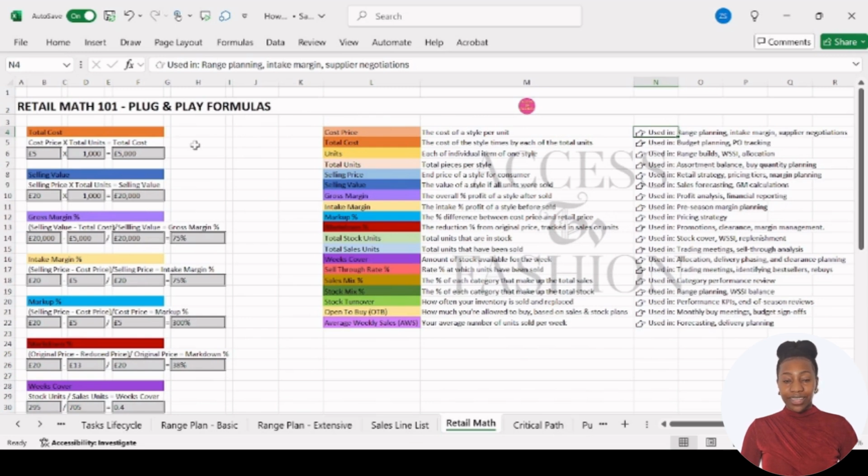It's also used in intake margins, supplier negotiations, and then your budget planning and your PO tracking as well. But what that gives us an indication of is basically how much we're going to spend on a style in its entirety.